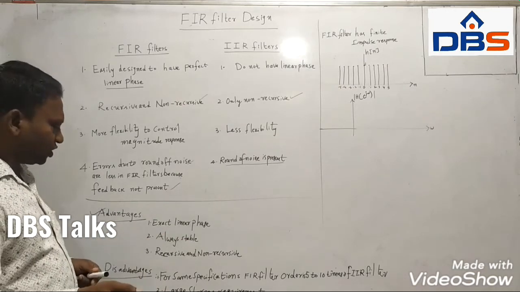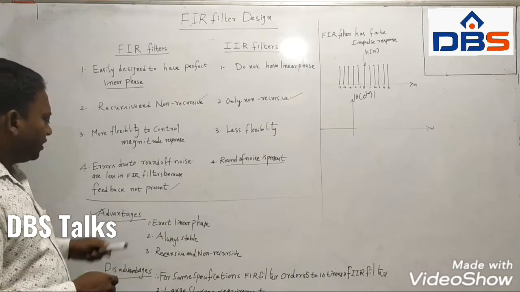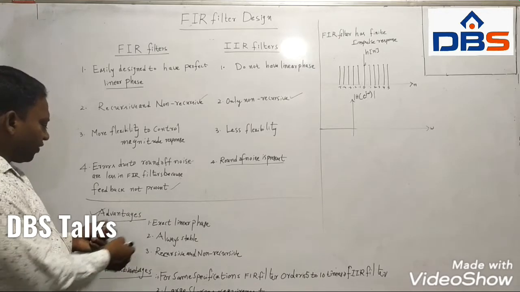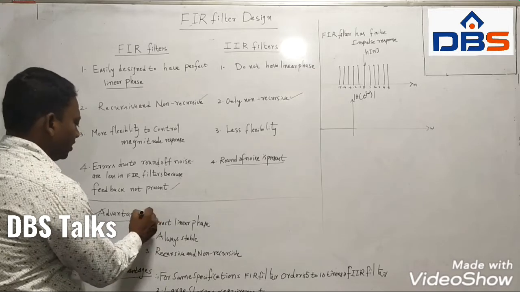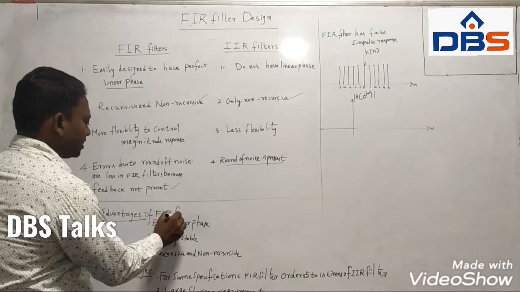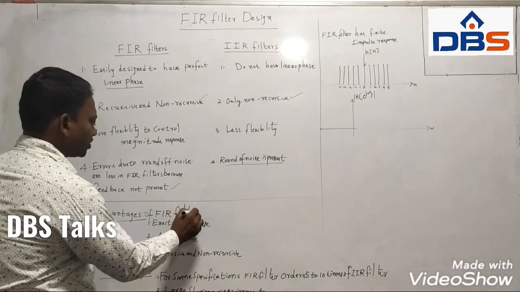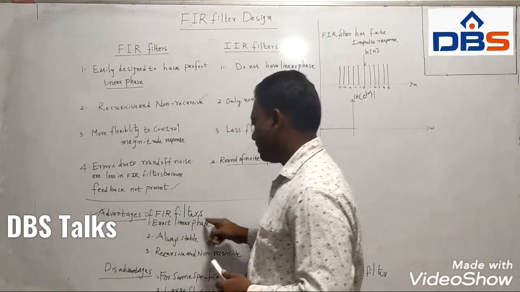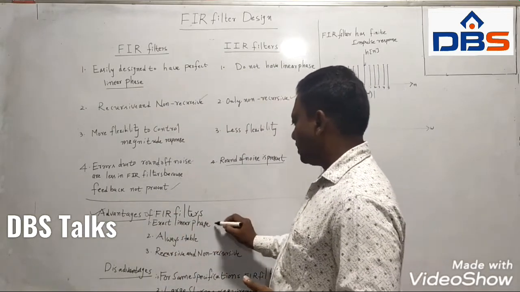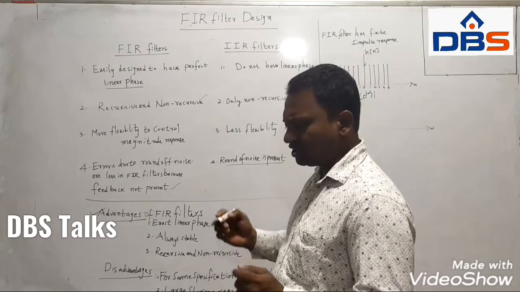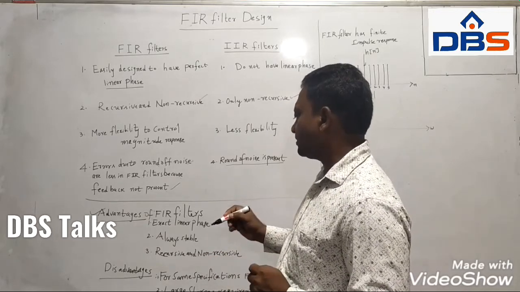If you look at the previous question papers, they have asked what the advantages of FIR filters are. IIR filters are over, now we are going to see FIR filters. Advantages of FIR filters: we can design an exact linear phase, which means the phase of the filter is linear.